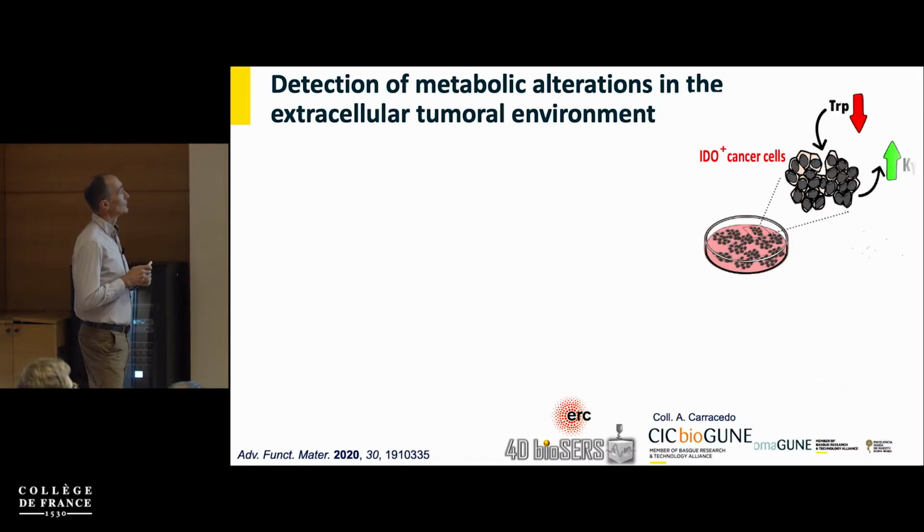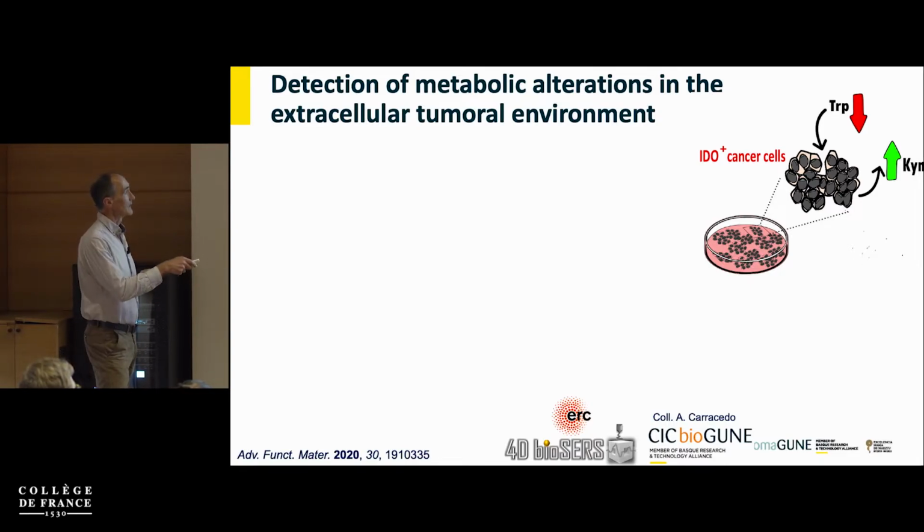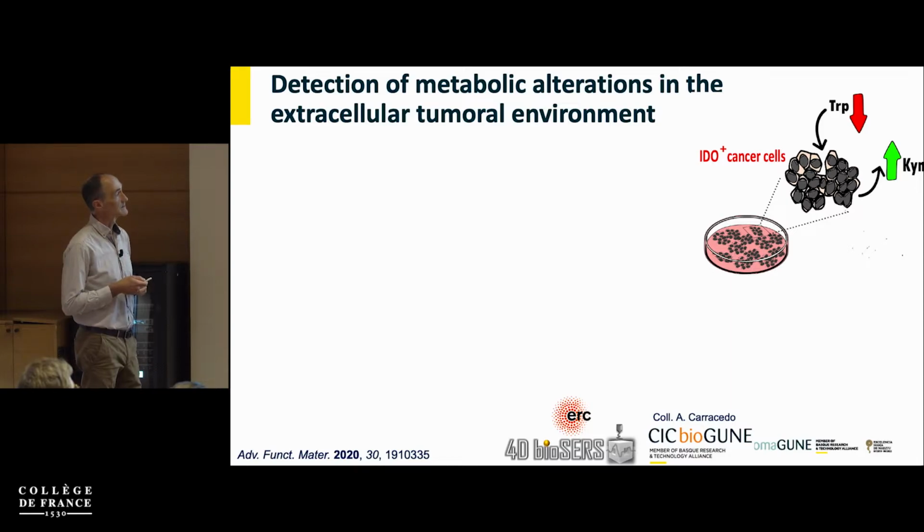Okay, so let's start by seeing if we can monitor metabolic processes in cancer cells. We started with a rather simple process, which happens in many types of cancer cells. In this case, we used the most standard HeLa cells. And this is the catabolic conversion of tryptophan into kynurenine.